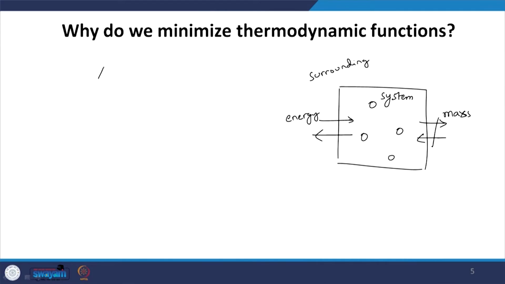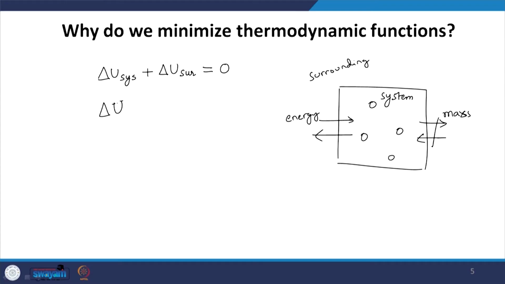So, now the first law tells me that my delta U of the system plus delta U of the surrounding should be equal to 0. Note that it was also true in the previous case, except that the delta U of the system was not affected by the surrounding at all, because the surrounding has no effect on the system.